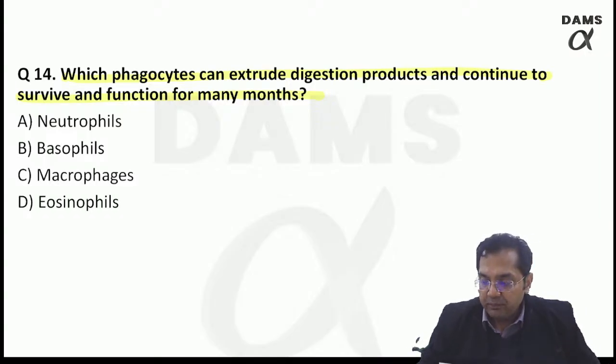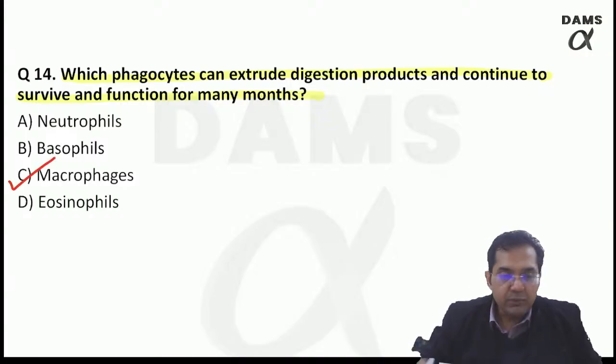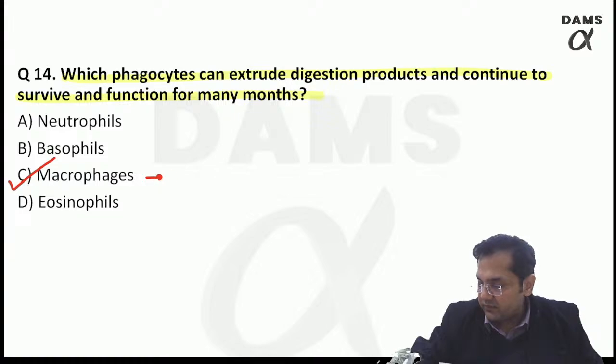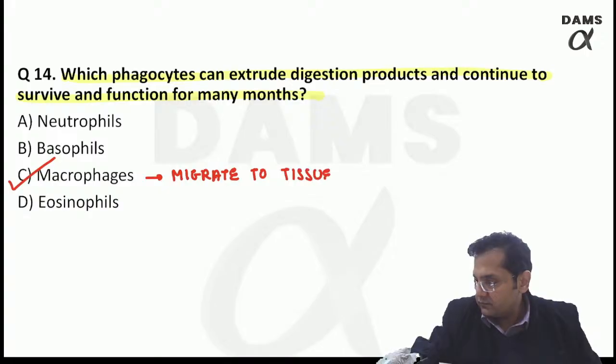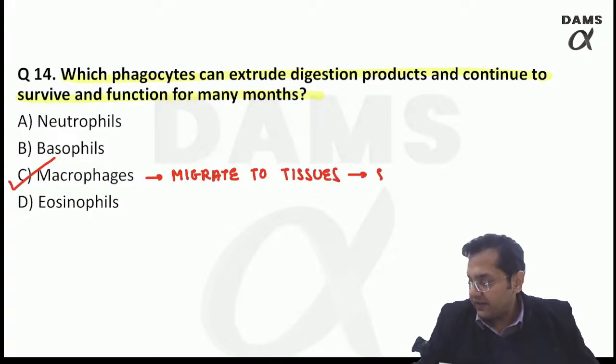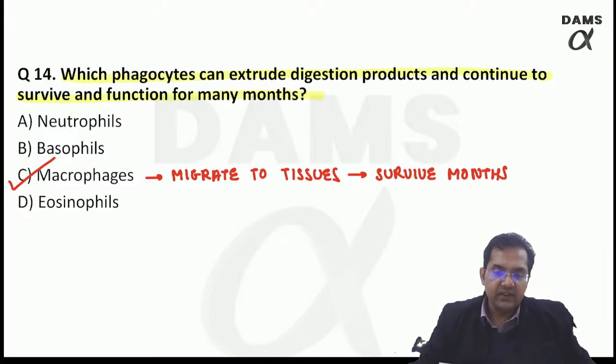Among neutrophils, eosinophils and macrophages, only the macrophages can go into tissues and keep surviving for months. They migrate to tissues and can survive for months.